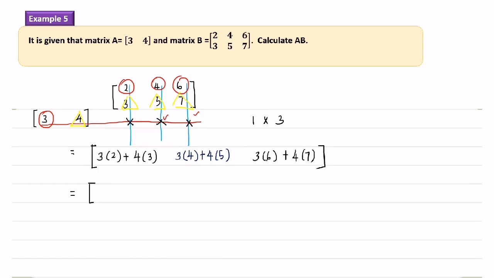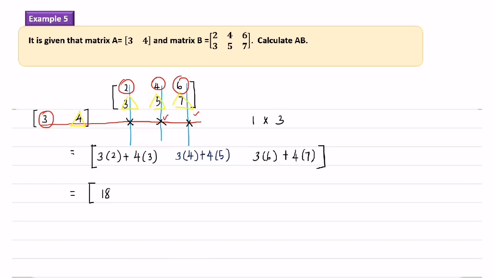So what is your answer? 3 times 2, 6, plus 4 times 3, 12. So it is 18. Here, 3 times 4, 12, plus 4 times 5, 20.